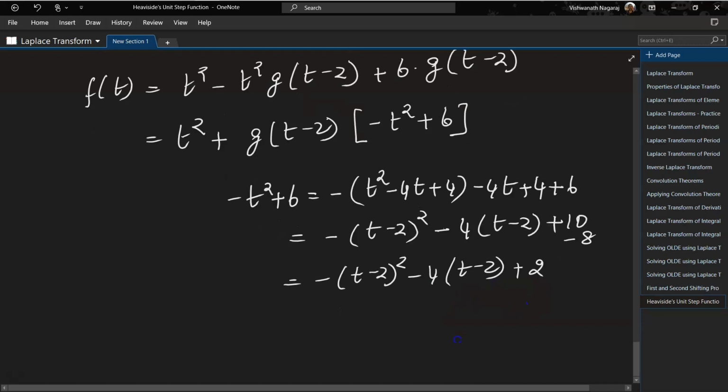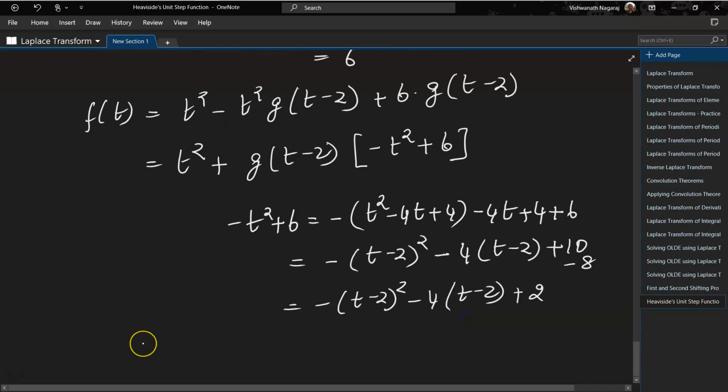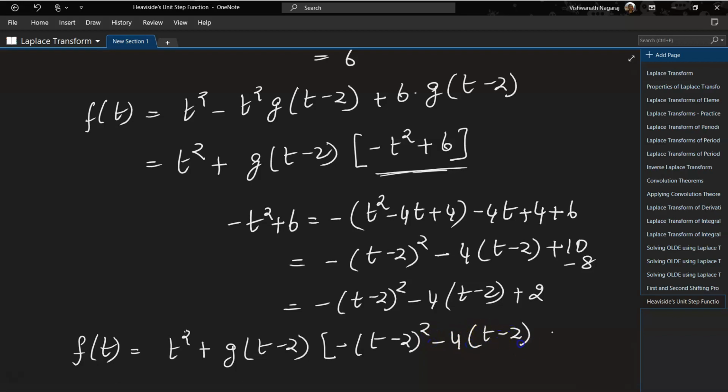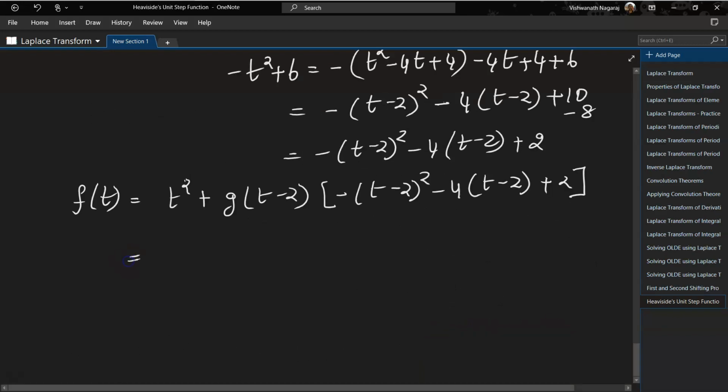Looks complicated, but if you think about it, you will get used to it if you solve a few questions. Now let's incorporate this in your main. So t square plus g of t minus 2 times, we substitute this with this, minus t minus 2 square minus 4 times t minus 2 plus 2. And now let's open up the bracket.